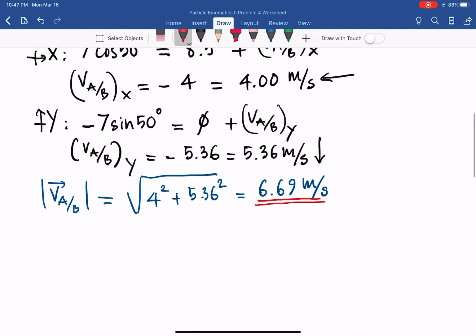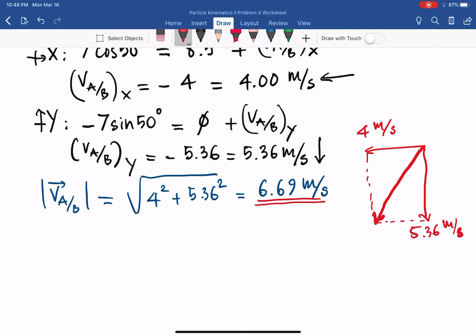And then for the direction, we can always draw a big picture. This is the x component, 4 meters per second going to the left, and then 5.36 meters per second going down. So the diagonal of this rectangle will be the velocity of A relative to B.